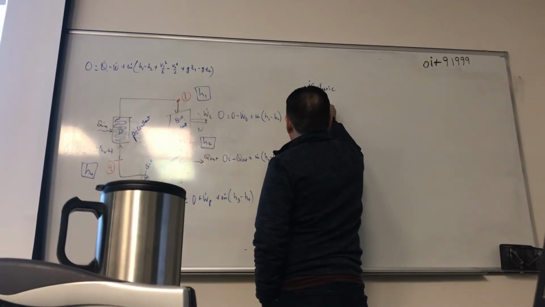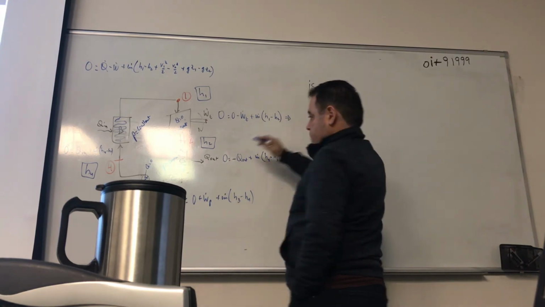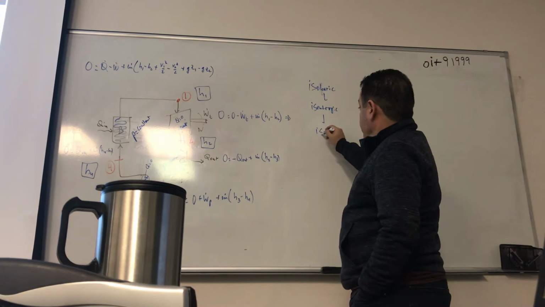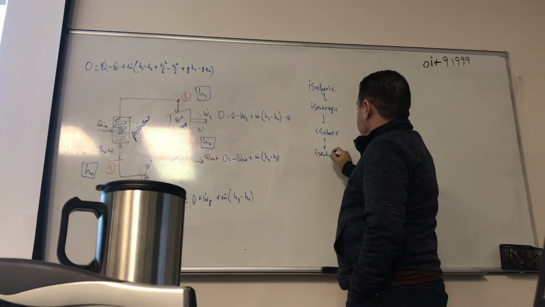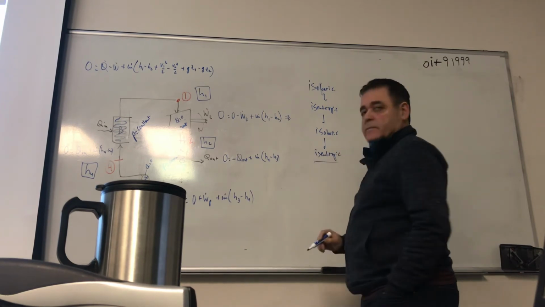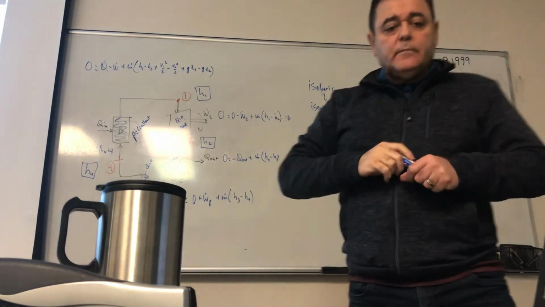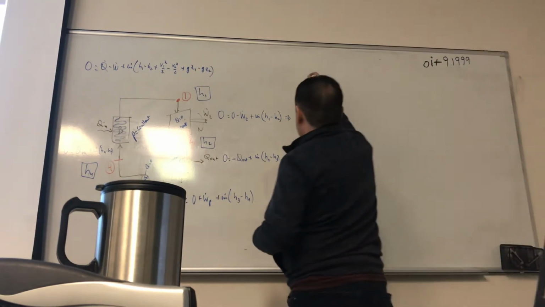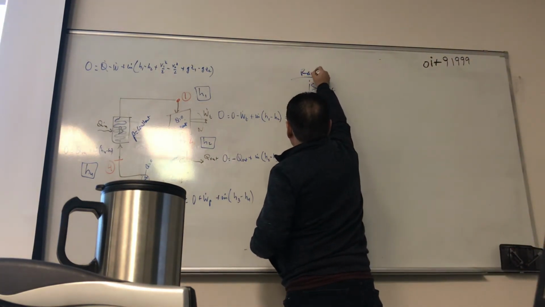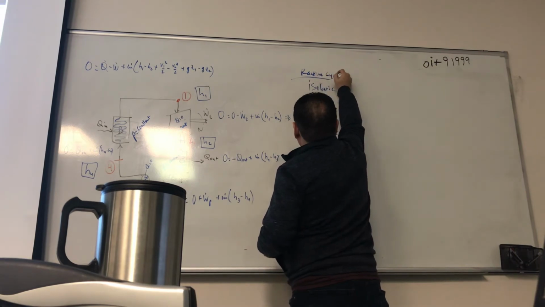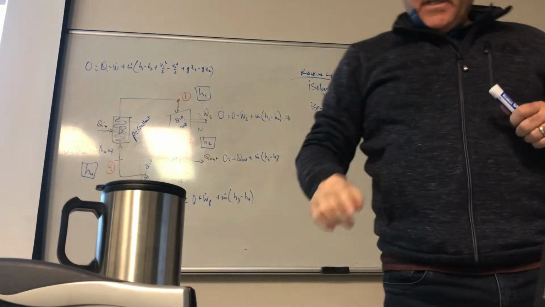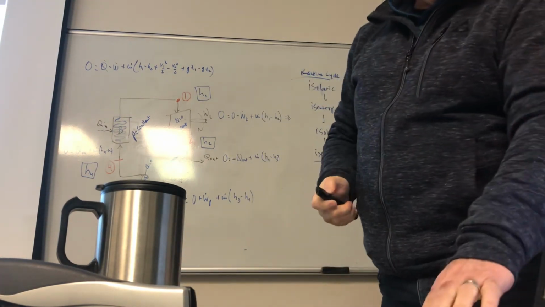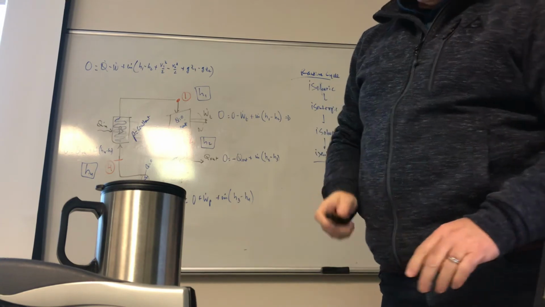Followed by isentropic, followed by another isobaric, followed by an isentropic. Okay? So, an ideal Rankine cycle is going to be 2 isobaric and 2 isentropic cases.